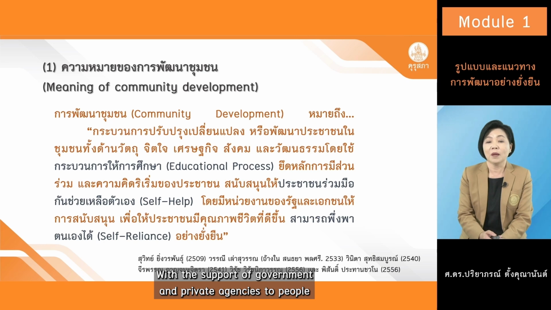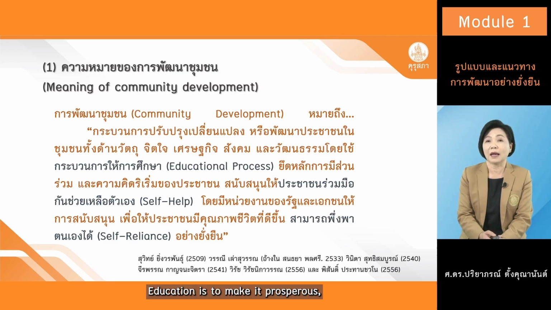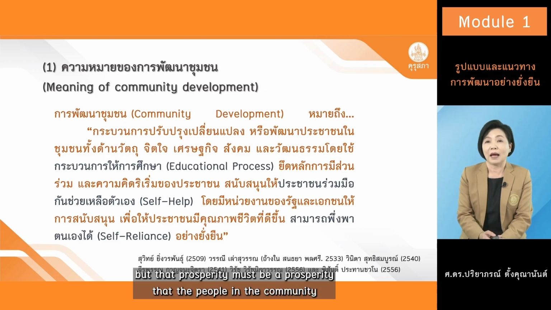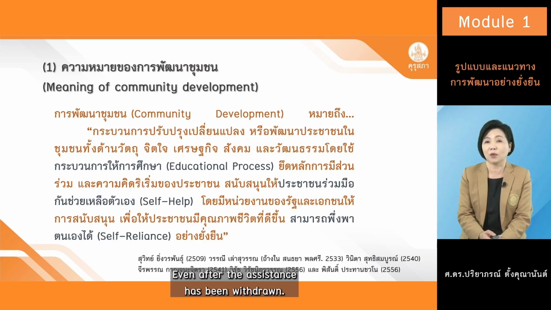With the support of government and private agencies, people have a better quality of life and can be self-reliant in a sustainable manner. Education is to make it prosperous, but that prosperity must be a prosperity that the people in the community can help themselves to live on their own, even after the assistance has been withdrawn.